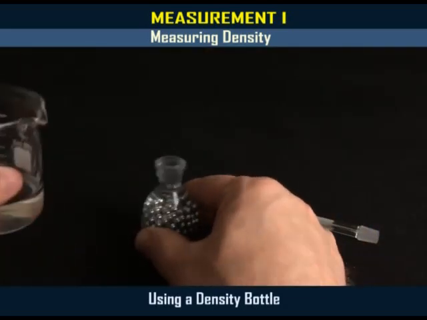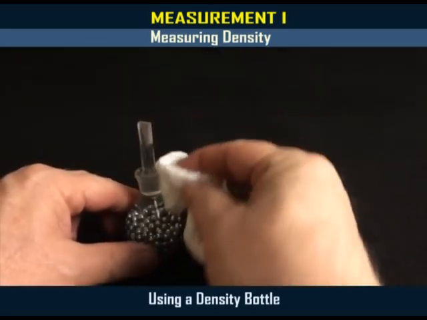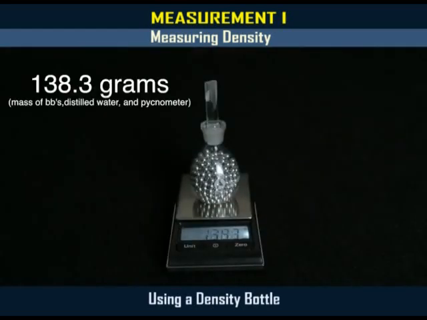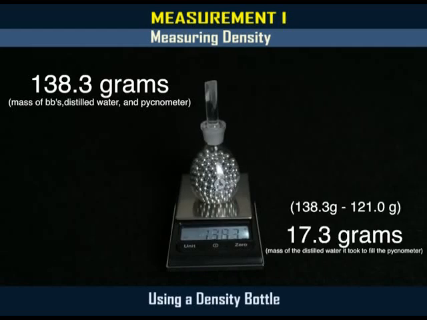Next, we fill the bottle with water and measure the mass again. It's 138.3 grams. That means the additional water is equal to 138.3 minus 121.0, giving us 17.3 grams.